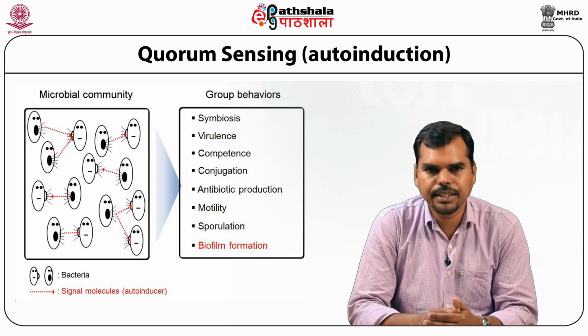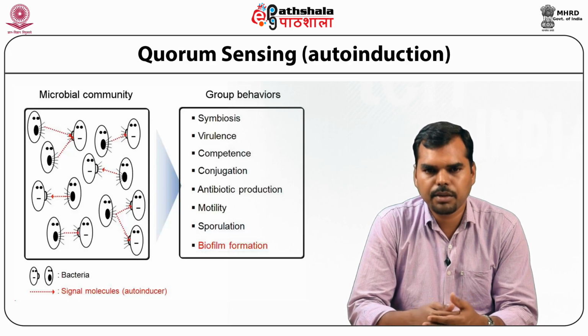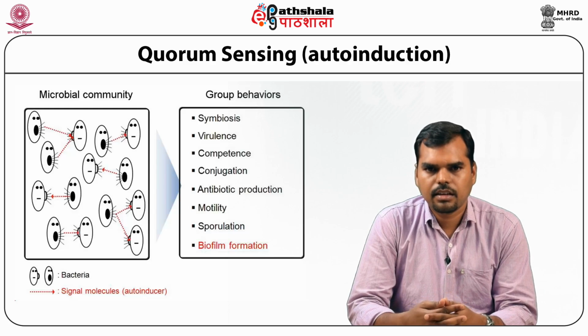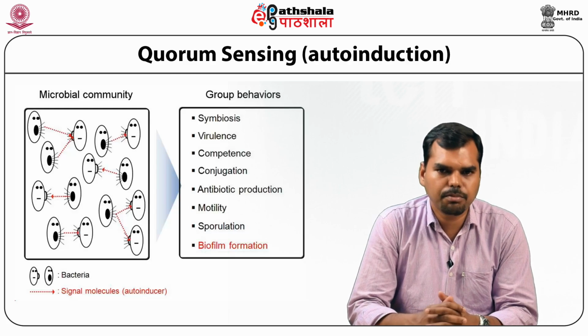So a microbial community produces certain metabolic compounds which signal other groups of bacteria or species, which helps in production of various antibiotics and even sporulation, motility, competence, and formation of biofilm.